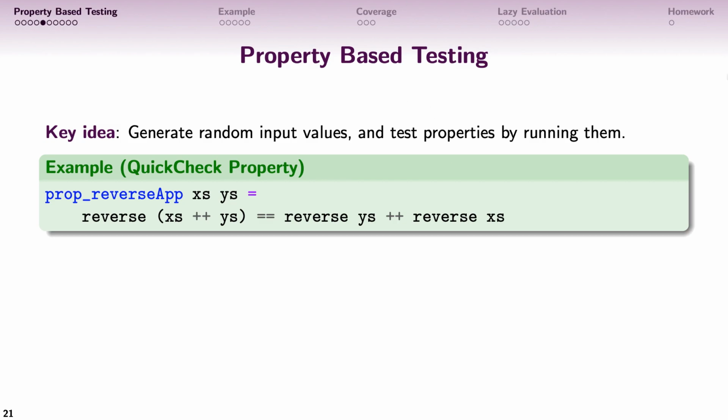Let's move over to, hold on, here we go. So I'll just edit a file. I'm going to import the library called QuickCheck, which is Haskell's property-based testing library. And I'm going to write my reverse app property, xs, ys, and the type of it is just taking in a list of integers, let's say, and another list of integers, and returning a boolean.